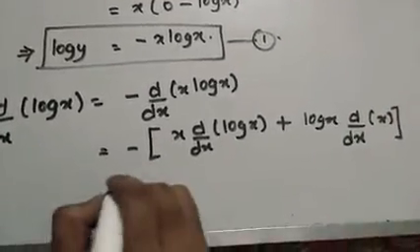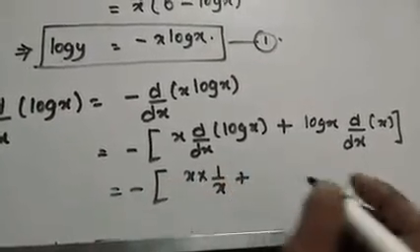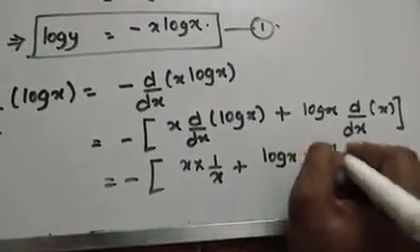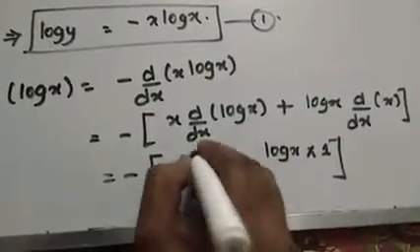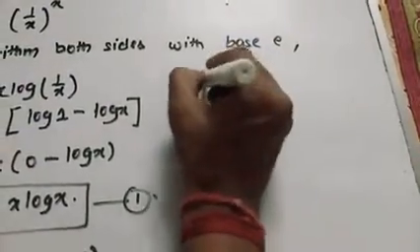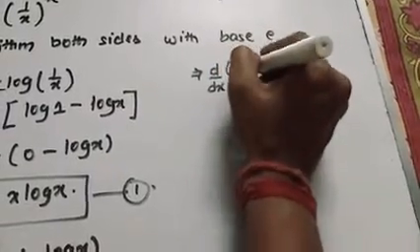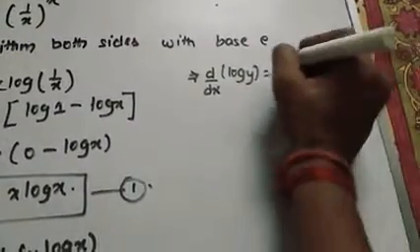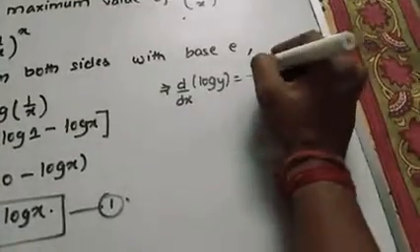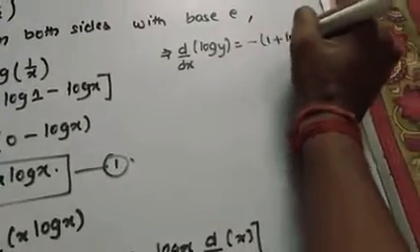Now x times 1 by x, and log x times 1. After simplifying, this x cancels, and d/dx of log y equals minus (1 plus log x). So this is our first derivative.